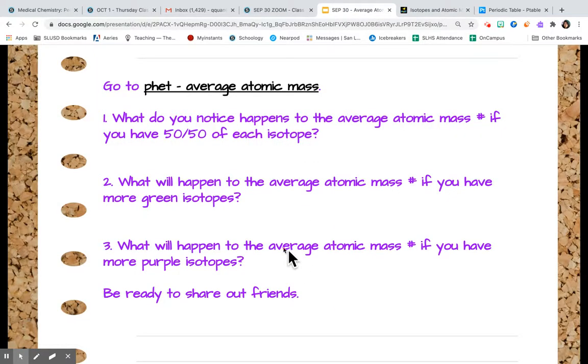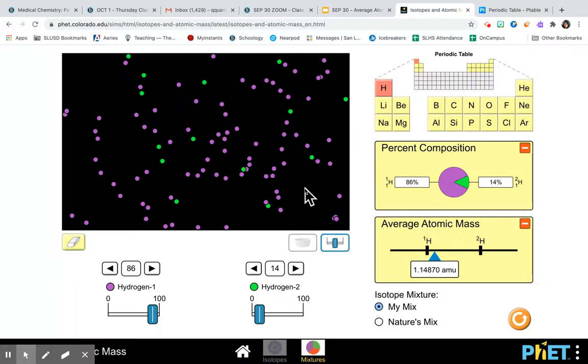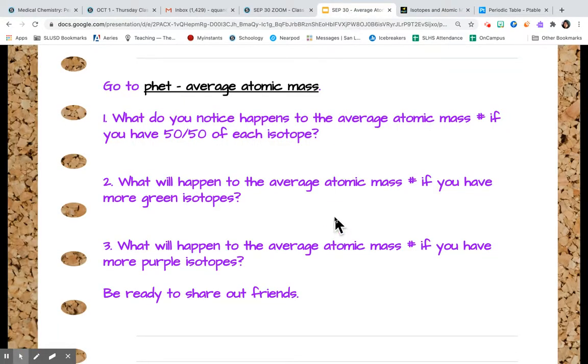That's question number 3. What if you have more purple isotopes? What will happen to the average atomic mass? Well, it'll shift towards the purple. So depending on which isotope is more common or abundant, whichever isotope you have more of, the average atomic mass will be closer to that number.